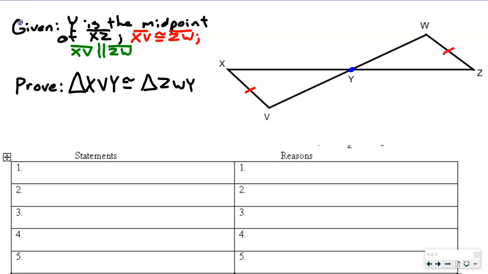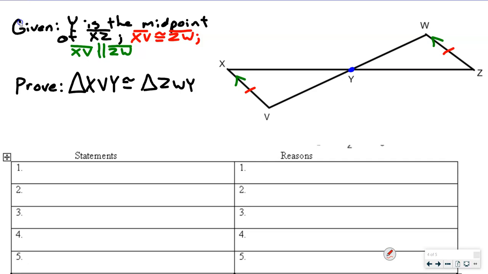And we know XV and ZW are parallel. So put in those arrows as well. Show that they're parallel. Okay, so we can fill in our given information.